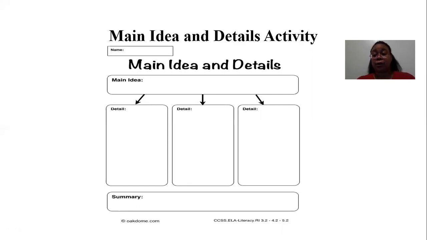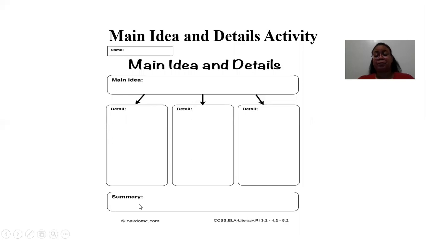And remember, your details have to come from the text, okay? Sometimes we think about what it could be, but if the book didn't say that, that might not be a good detail you want to rely on. So you might want to stick to what the book says about the main idea and those details.